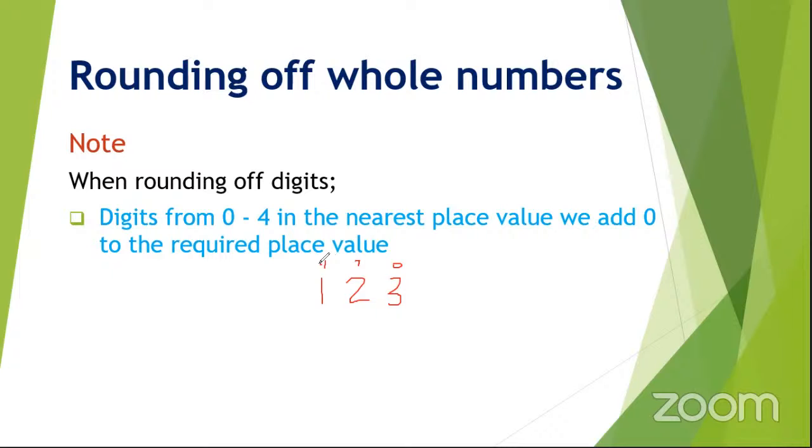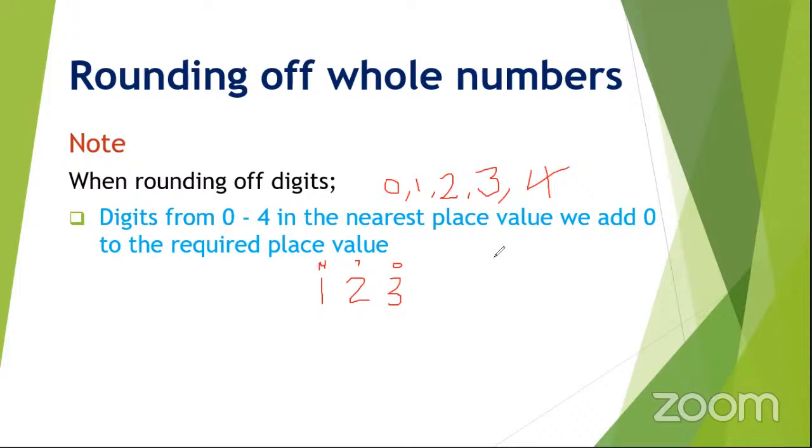The note says digits from 0 to 4. That means if you have 0, 1, 2, 3, and 4.